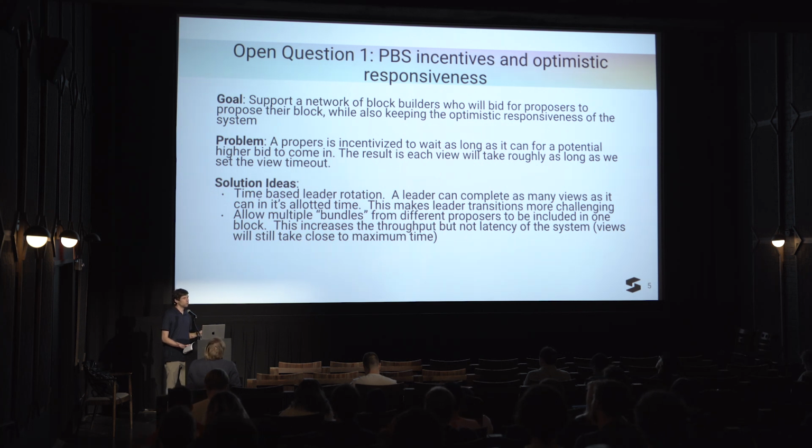The first is around proposer builder separation incentives and optimistic responsiveness. So the goal is, right, we want the network to move as fast as possible.